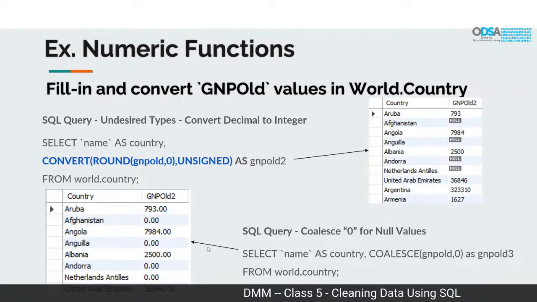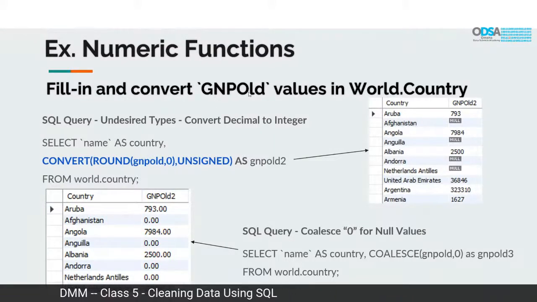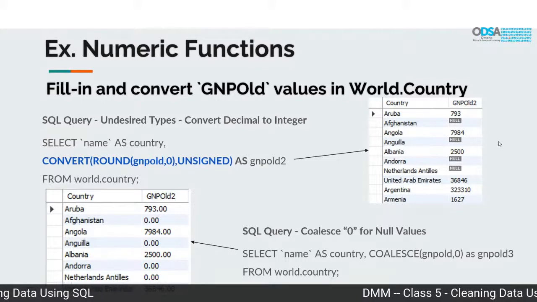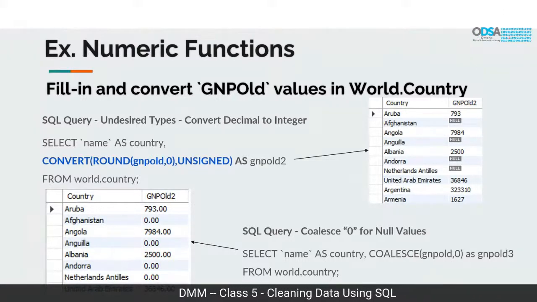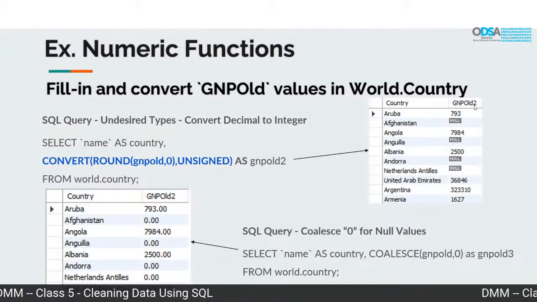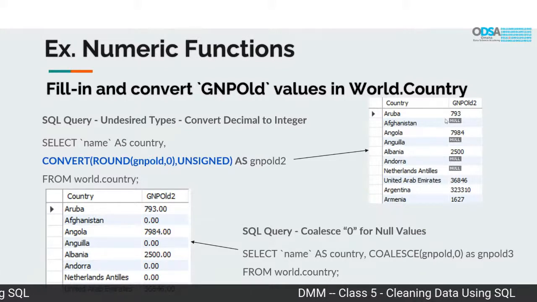All right. So we'll see examples of this. First example, let's do numeric functions. So fill in and convert GNP old values in world.country. In the world.country table, this field GNP old has a number of values. I think this is in millions of their gross national product for the country.